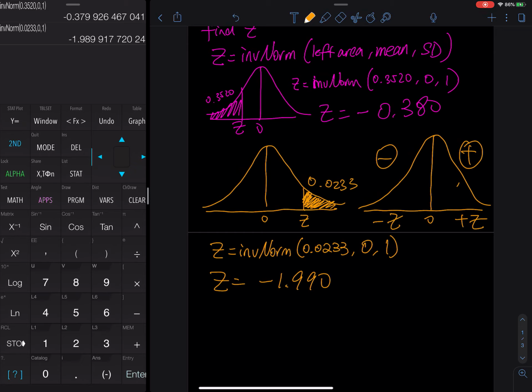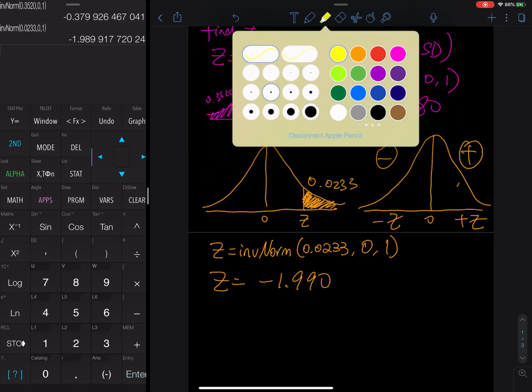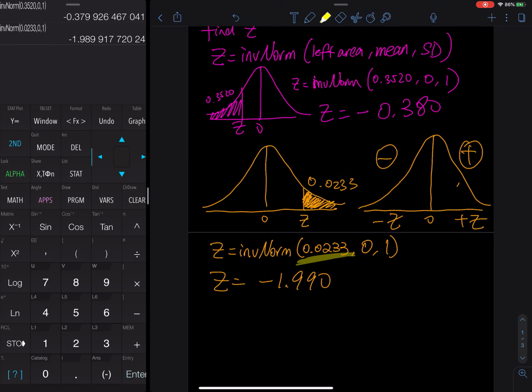They gave you a negative Z because the calculator assumes that this area is on the left. Again, you don't see the tail option in most calculators unless you bought the newest calculator.